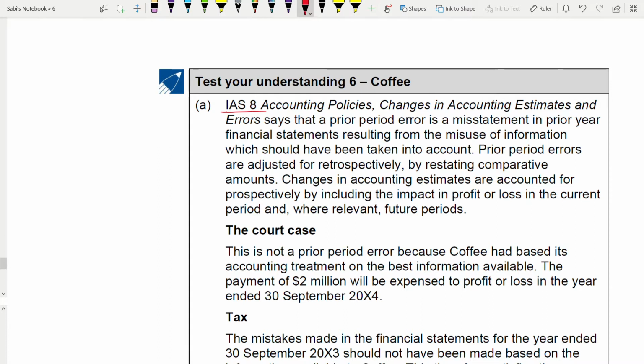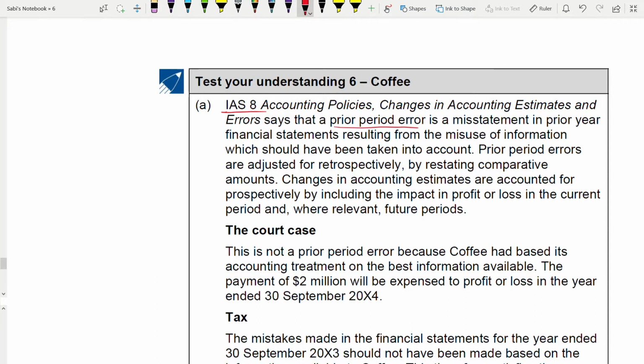Even regarding tax also, you have written 3, but it was 4. So you have to identify, by the way, out of these 3, whether it's a policy, an estimate, or an error. Say it's a prior period error. This is an error. Prior means earlier year, in the earlier period you have made an error.